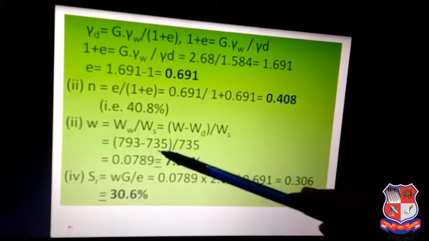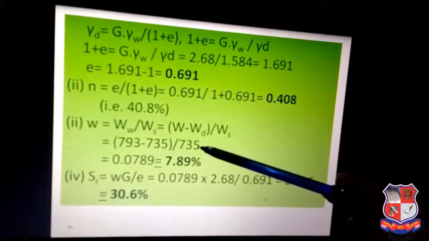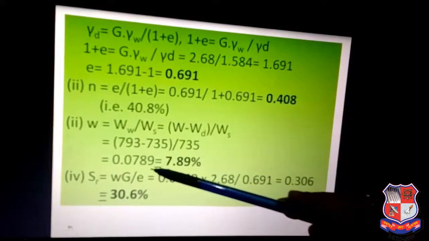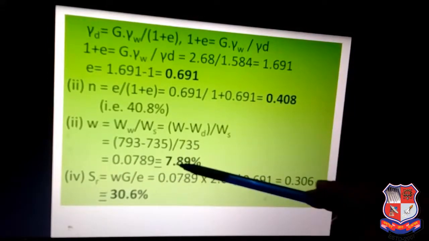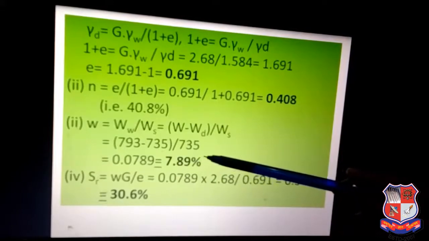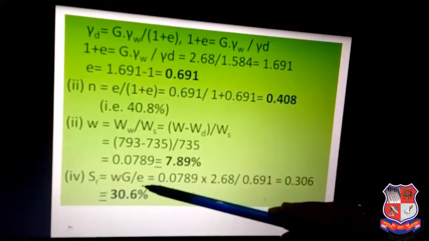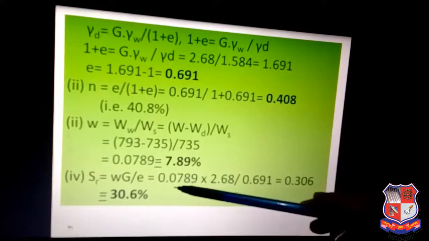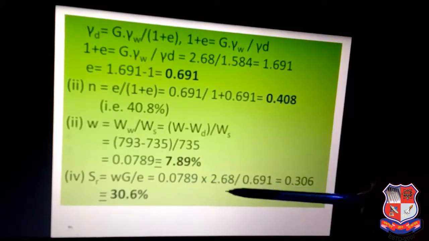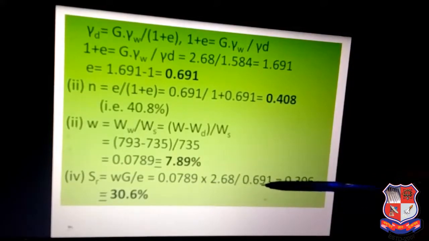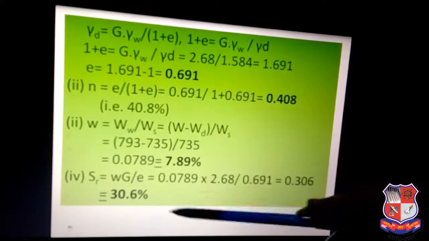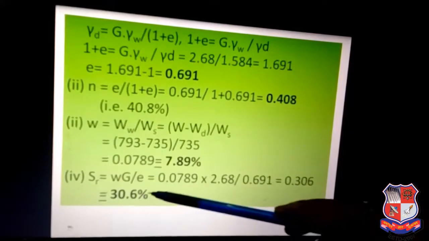So 793 minus 735 divided by 735, this comes to 0.0789, and this is equal to 7.89%, that is the value of water content. For degree of saturation Sr, the equation is Sr equal to WG divided by E. So putting the values, 0.0789 multiplied by 2.68 divided by E 0.691, and this comes to 0.306. So this way we got a degree of saturation of 30.6%.